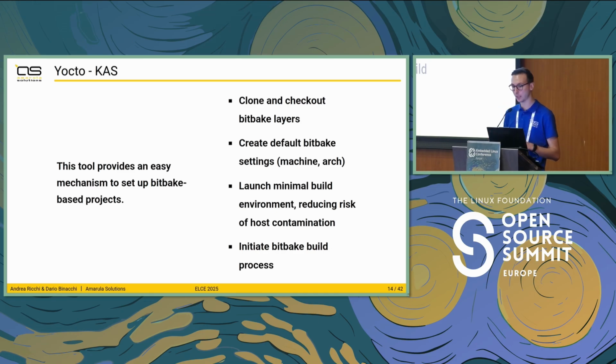So instead of manually handling each layer and tweaking the local setup file, Kas lets you define everything in a structured and version controlled format. With a single command, kas build, you can go from a clean machine to a fully built Linux image without needing any tweaks or changes.